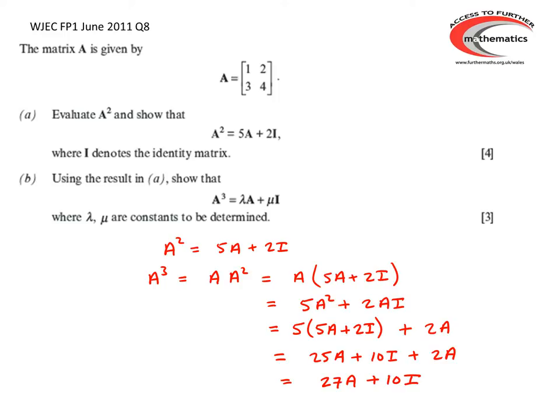Now, if you want to have a look at the mark scheme for this question, there are 2 marks for working out A squared at the beginning of the question, and then 2 marks for checking that that was indeed the same thing as 5A plus 2I.